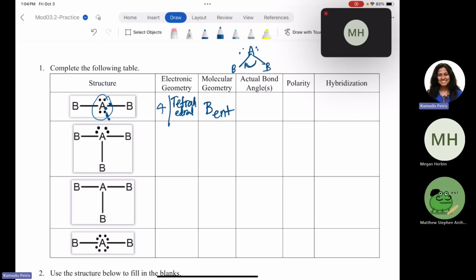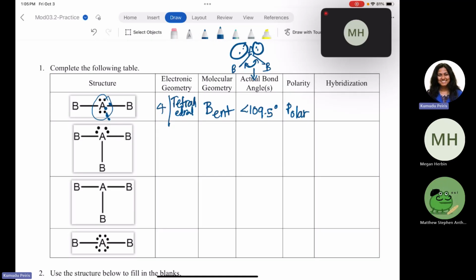The bond angle between these two Bs will be smaller than 109.5, because with the lone pairs, the sigma bonds have to be a bit closer than in the tetrahedral geometry. Look at the polarity. Yes, it will be polar because they are not staying completely opposite to each other, so we'll have a net force on that side. This molecule will be a polar molecule.